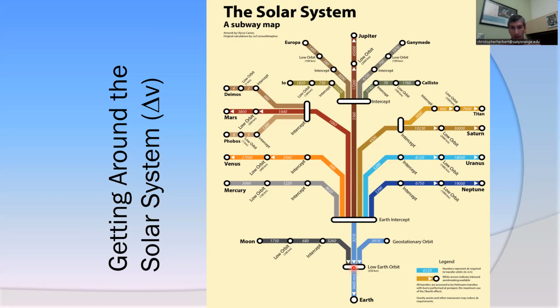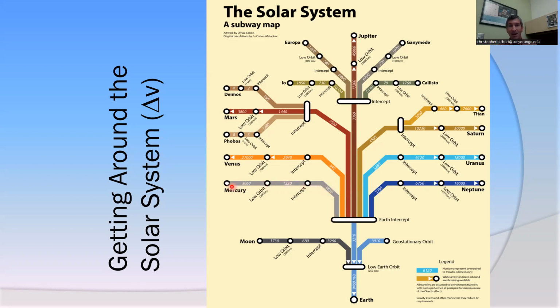If I wanted to go to the moon, there's an intercept orbit that I need to go to, then a low moon orbit, and then landing on the moon. Of course, I'd have to reverse this whole process because going to the moon, as I go from the intercept orbit to the low Earth orbit, I'm actually giving up energy. So I'd have to gain that energy back here. And to leave Earth's influence, this C3 is really the junction to all the other planets in the solar system.